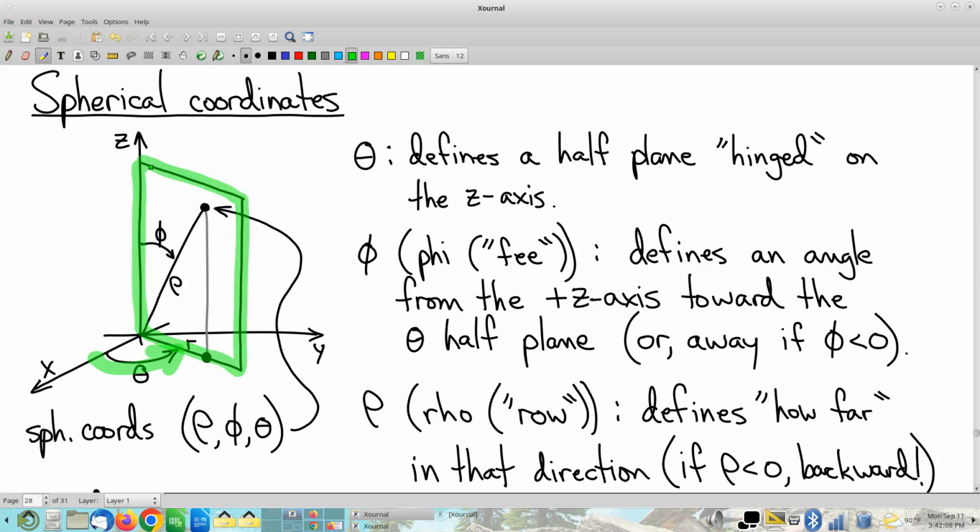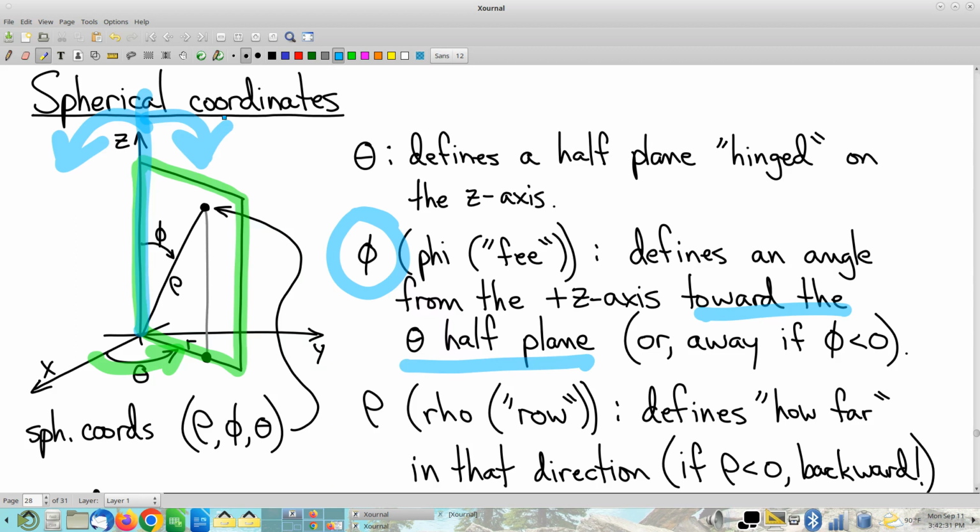Okay, so what is phi? Phi, another Greek letter. You're going to see various Greek letters in this course. Phi defines an angle measured off of the positive part of the z-axis toward the theta half plane. So very importantly, not just in any sort of random direction, right?